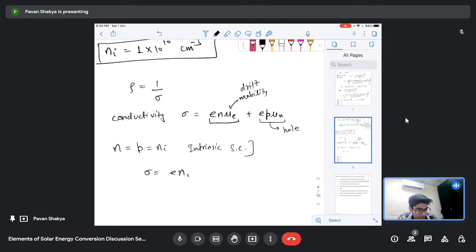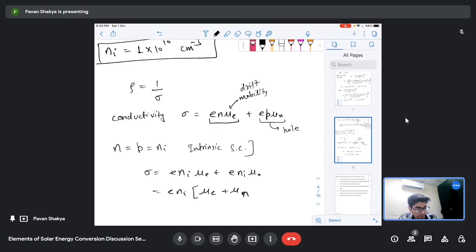So sigma will be equal to e Ni mu e plus e Ni mu h, and then we can take Ni common. Then in the bracket there will be the addition of the drift mobility for the electron and for the hole.